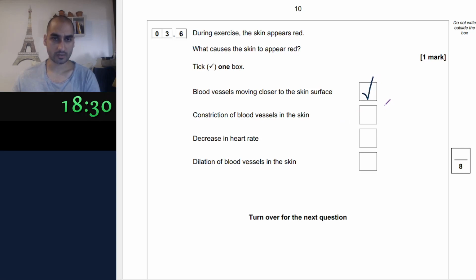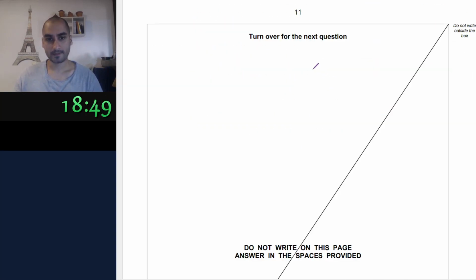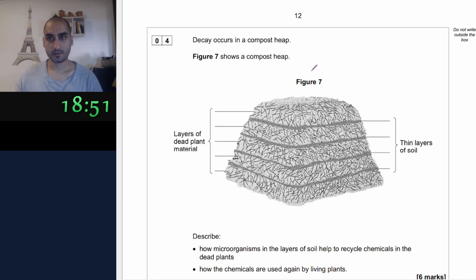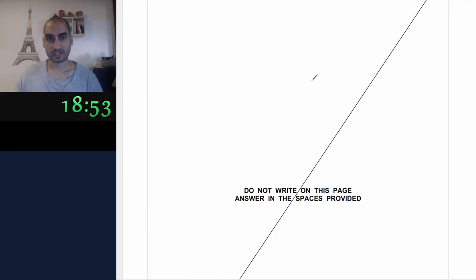No. It goes red when you're hot. Oh, during exercise, yeah. When you heat up, the blood vessels move closer to the skin because then it's easier for them to release heat to the surrounding air. Yeah, and that lets you cool down faster. Okay, I think I did well on that chapter.